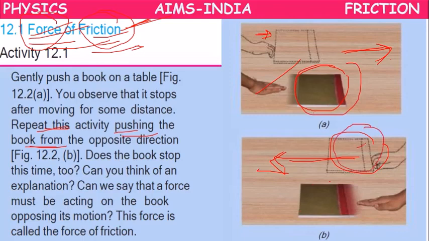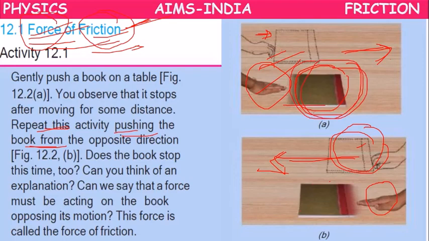It is moving because you have applied force. Only while applying force is your hand in contact with the book. You applied force only one time, but after that the book moves and stops after traveling a certain distance.